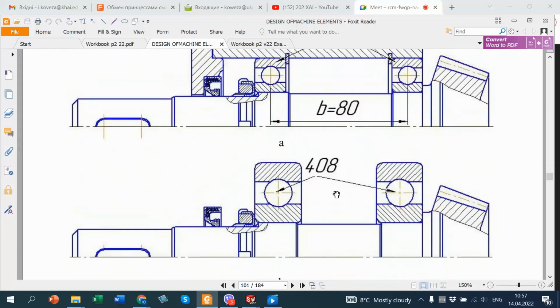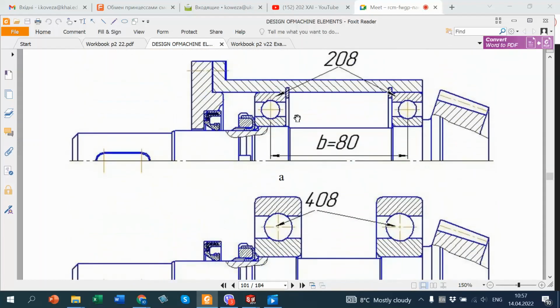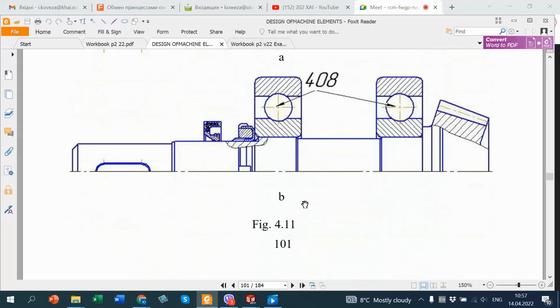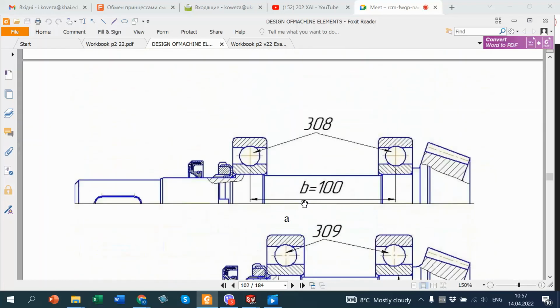Second variant, if you compare first and second, you see very big variance, 408. If we increase the length of shaft, we increase the frame also.